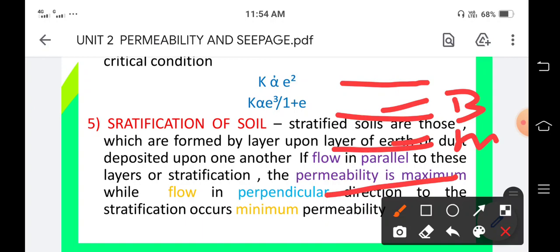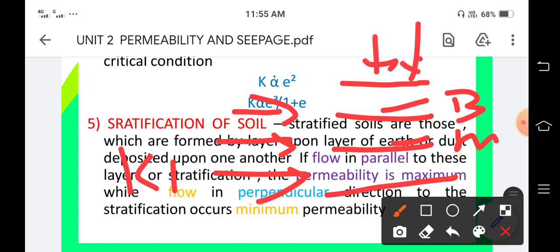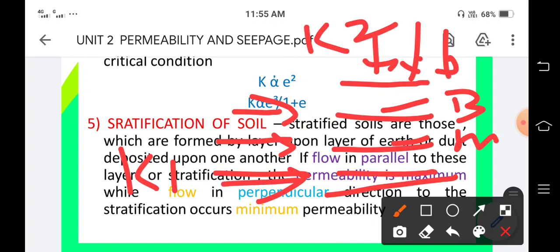Suppose there are two kinds of flow, we can call them K1 and K2. K1 means when the flow of water is parallel to the stratification.